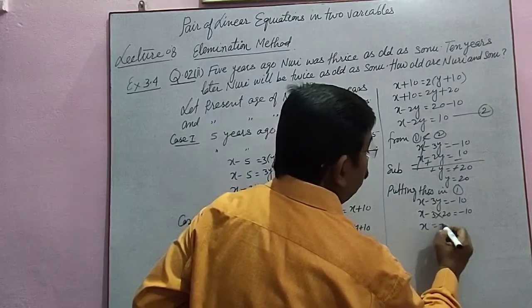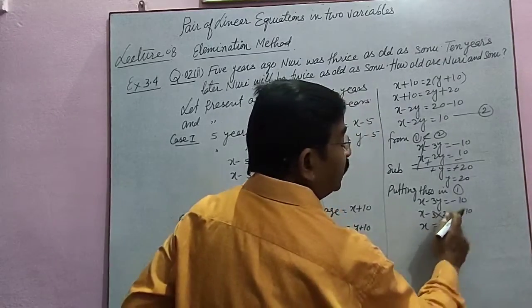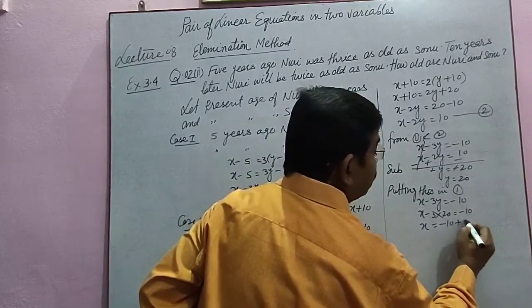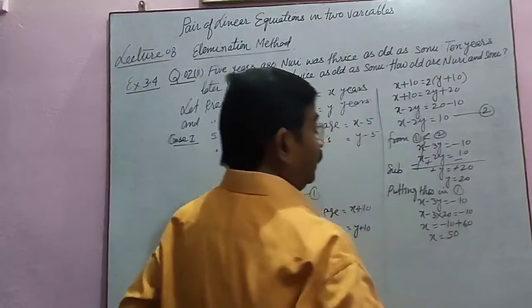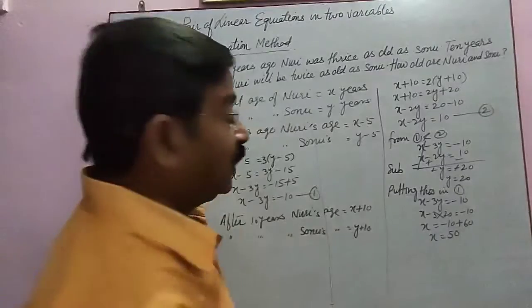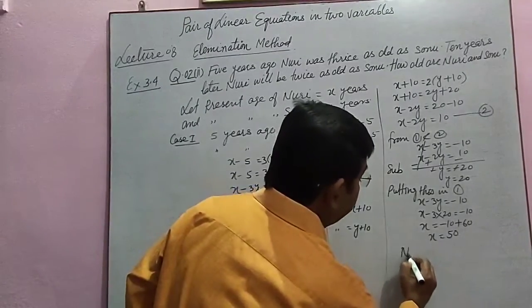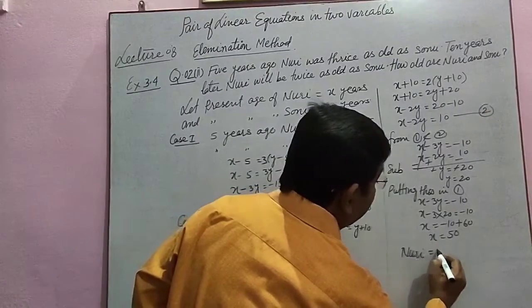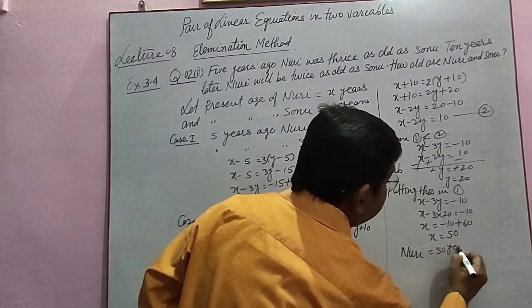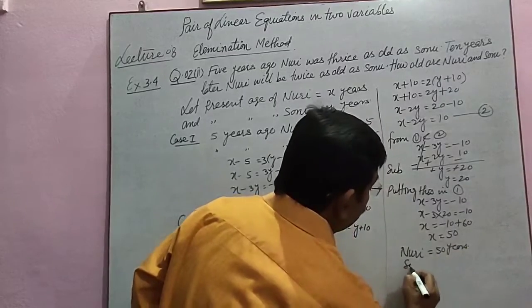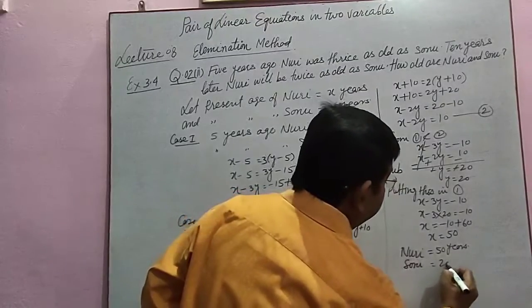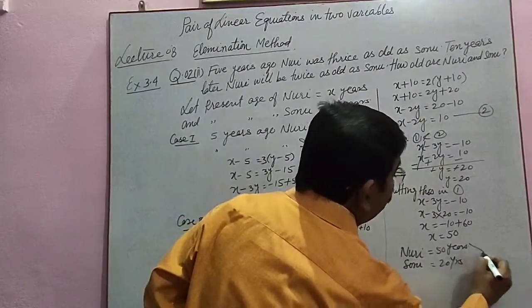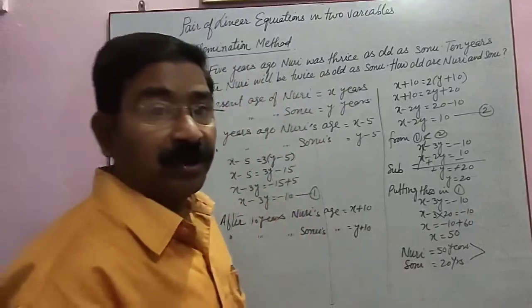X minus 60 is equal to minus 10. 60 comes to the right, plus 60. So we have X is equal to 50. So we have got the answer. Noori is 50 years. Sonu is 20 years. So this is how we can get the solution.